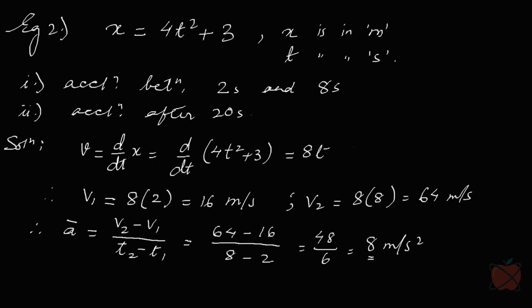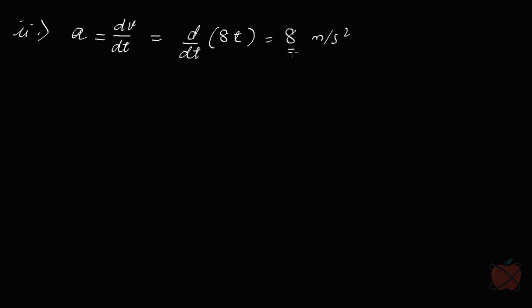Seconds, correct. Now if you find the instantaneous, it comes out to be 8 meter per second square. It is independent of time. So that means this body is going at a constant acceleration of 8 meter per second square.